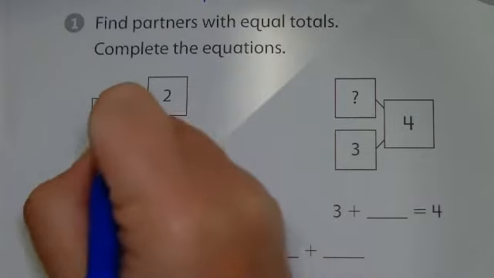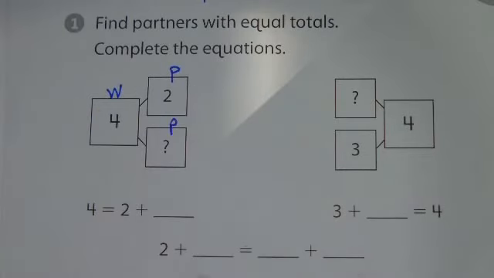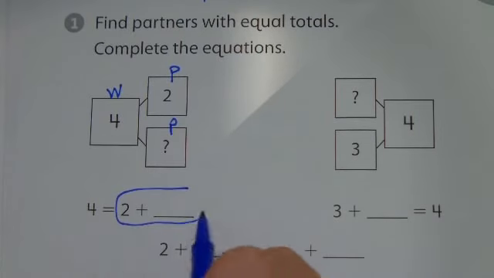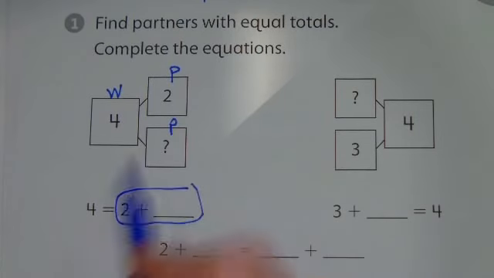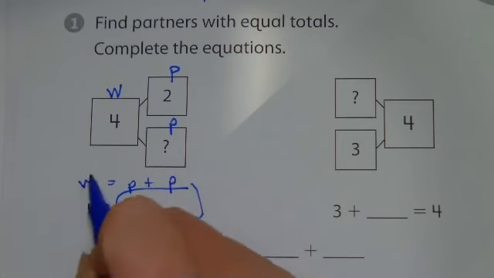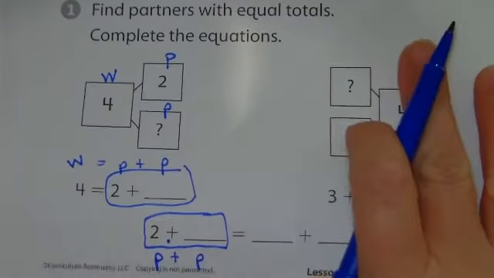Okay, so here we have our whole, part, part. Here's my plus symbol. That tells me that everything around it is a part, right? Part plus a part equals the whole. Here's my plus symbol. That tells me that everything around it is a part plus a part, right?